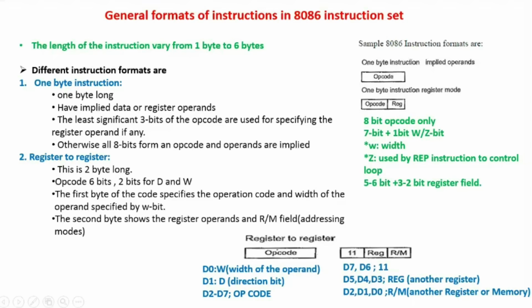W specifies the width and Z is used by the repeat instruction to control the loop. You can have an opcode of 5 to 6 bits. If the opcode is 5 bits, then the register field will be 3 bits. If the opcode is 6 bits, then we have a 2 bit register field. Likewise, a 1 byte instruction can be organized.